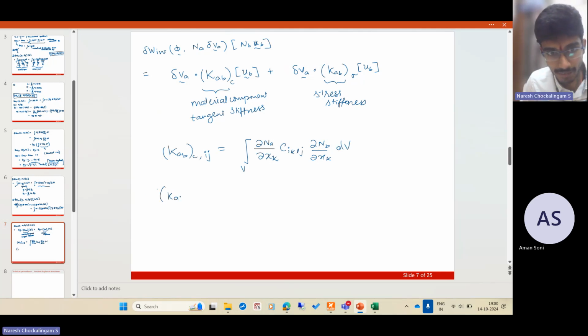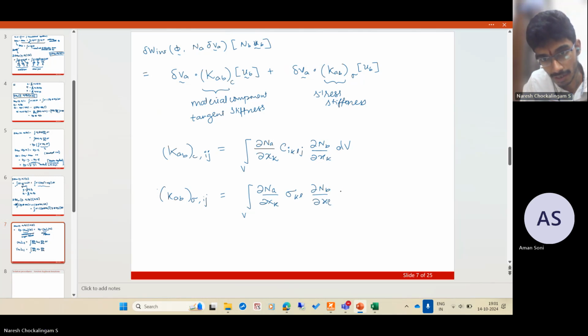And for the stress stiffening matrix, its ijth component is given as the integral over the volume of dou Na by dou xk, sigma KL, dou NB by dou XL dV.